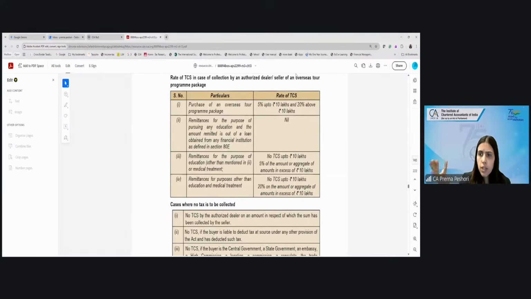You can send gift, you can send inheritance, you can send for medical treatment, whatever. That 10 lakh limit is separate for that. Tour program is when you want to go abroad and visit the places, when we take the whole package, like hotel, flight, the tour, sightseeing, all of that. Okay.